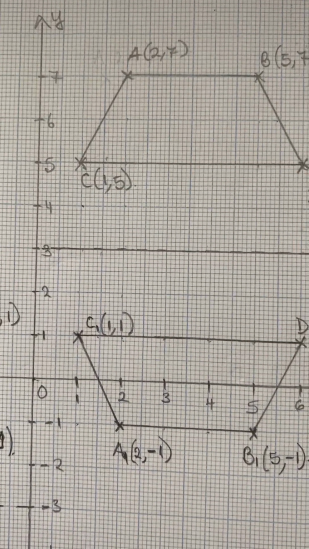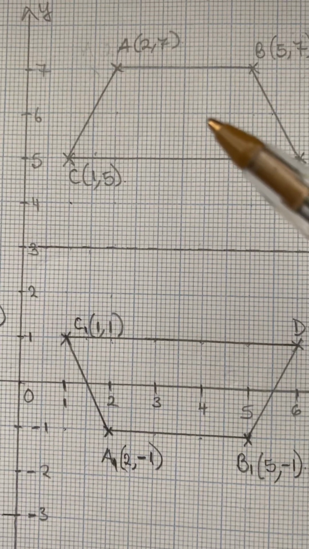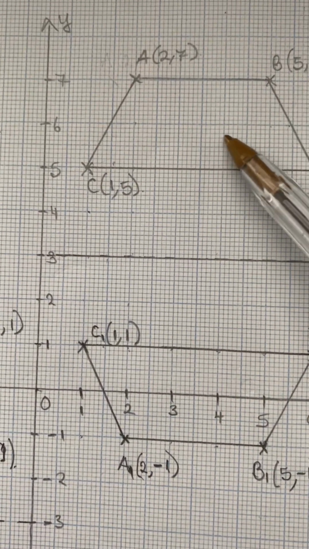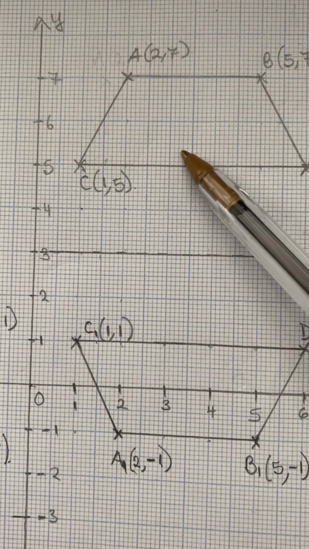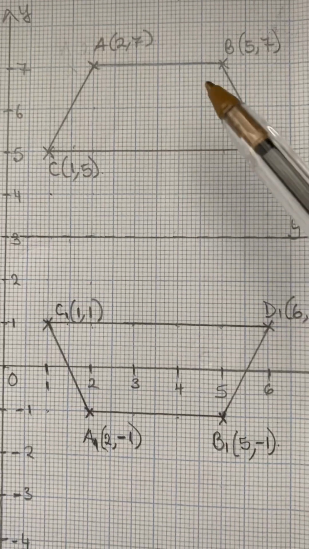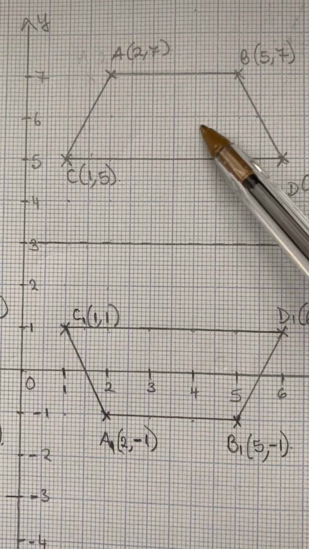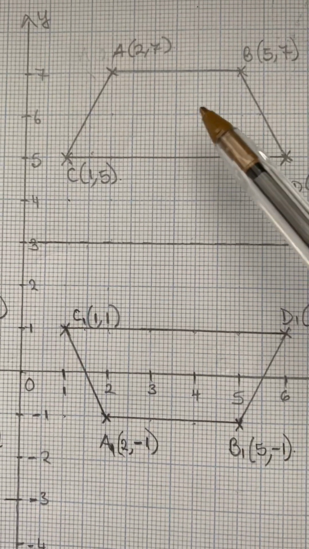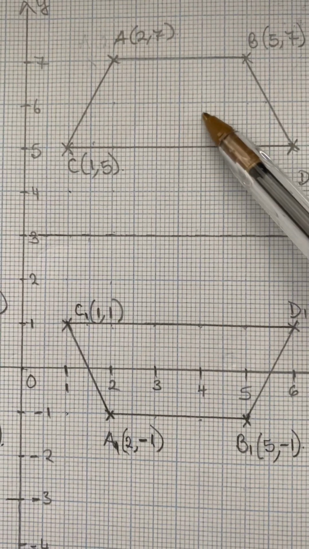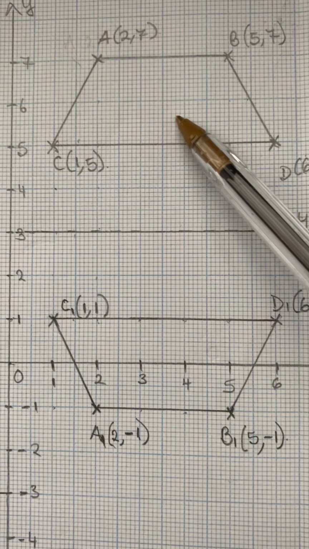If you don't know how to plot a point, then you are going to struggle here. But by now you should know how to plot coordinates, because we've done a lot of starters and videos on that, so you should be able to do that.